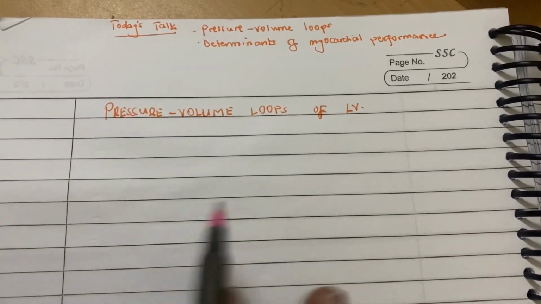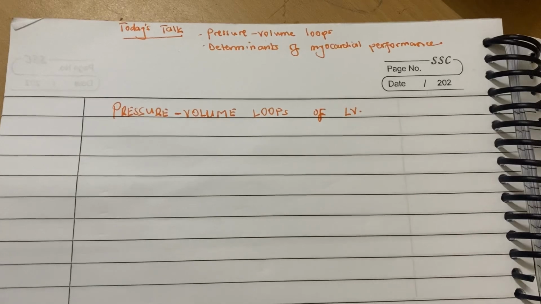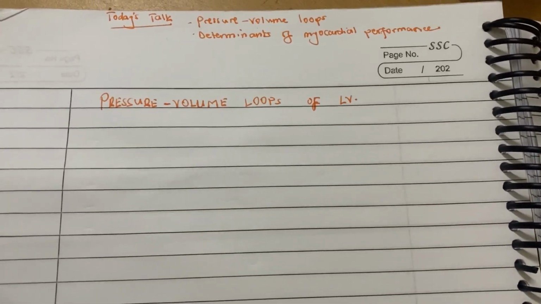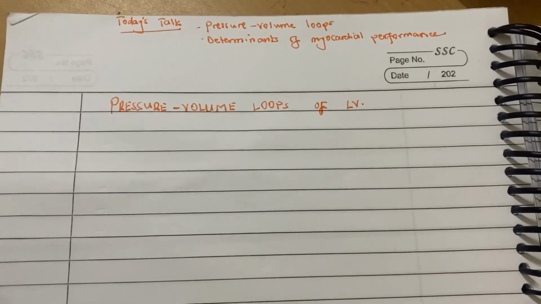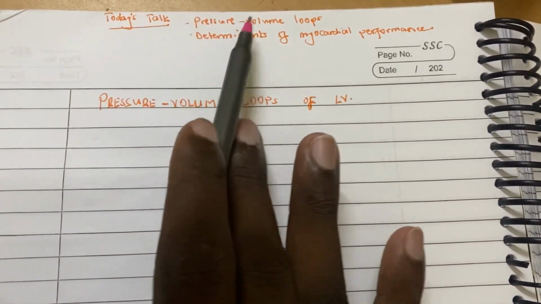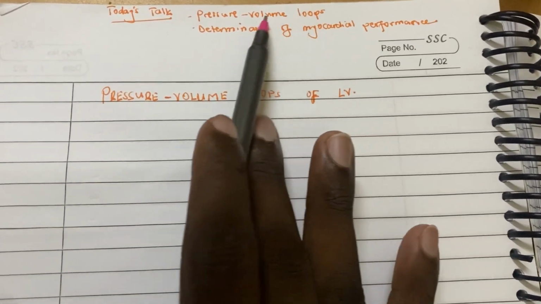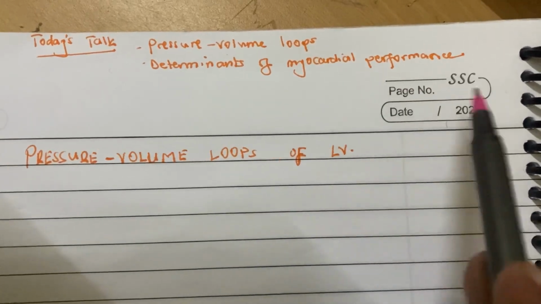Now we are going into advanced topics in the cardiac cycle, which are not taught most of the time, but are very important in clinical practice. So today we are going to be looking at pressure volume loops and the determinants of myocardial performance.